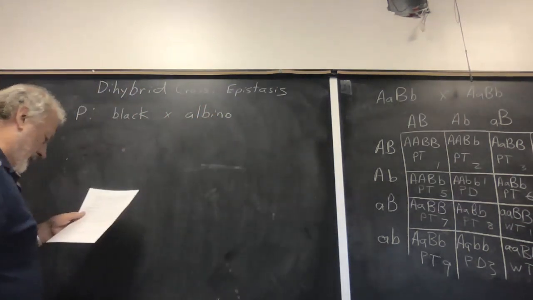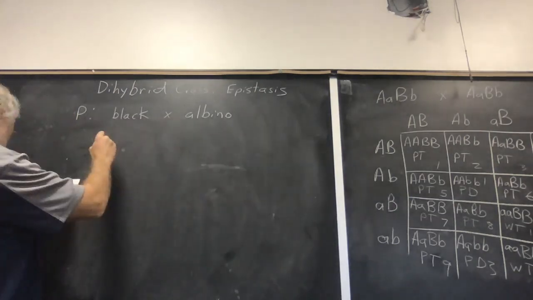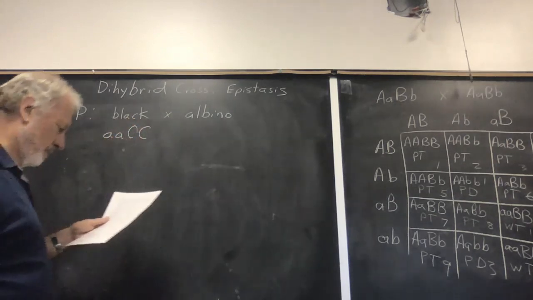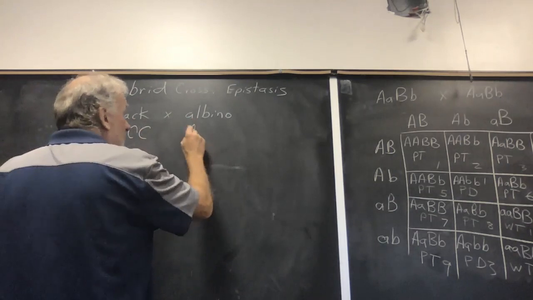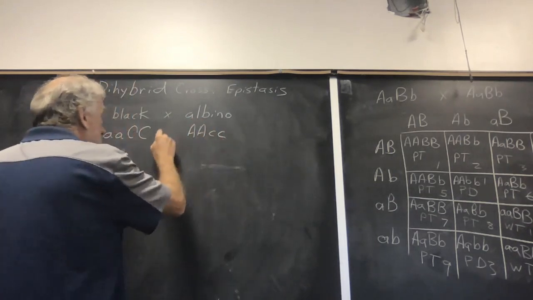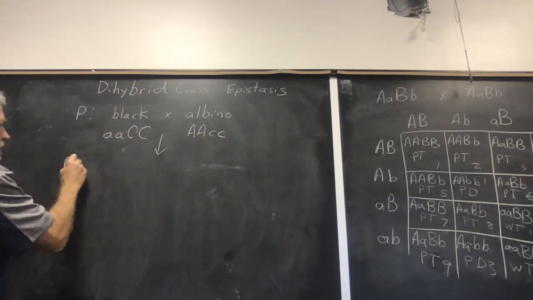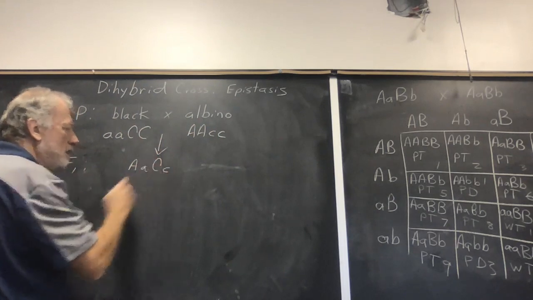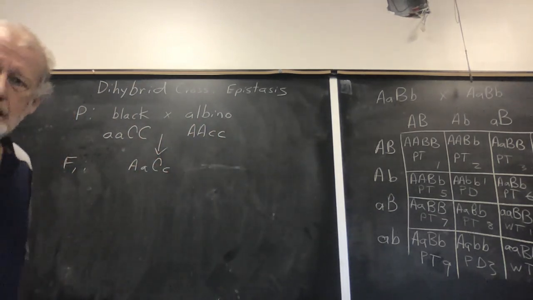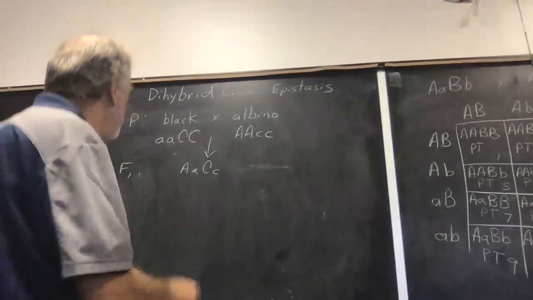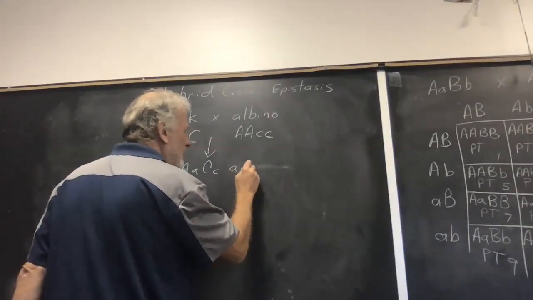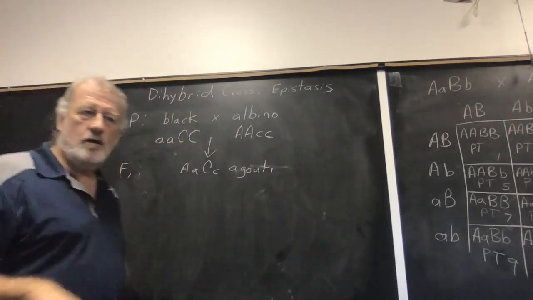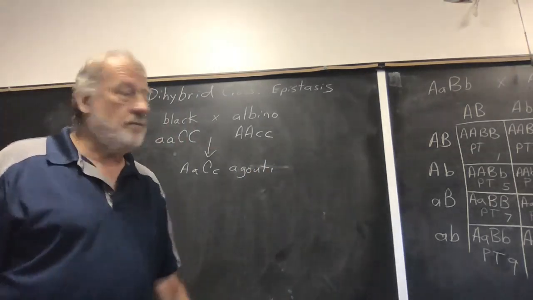The black mice are little a, big C. The albino mice are big A, little c. And then our F1s, of course, are going to be big A, little a, big C, little c. But their phenotype is going to be the brown wild type that is referred to as agouti. Just means that each little hair has different colored bands in it, but the overall appearance is a brown mouse.